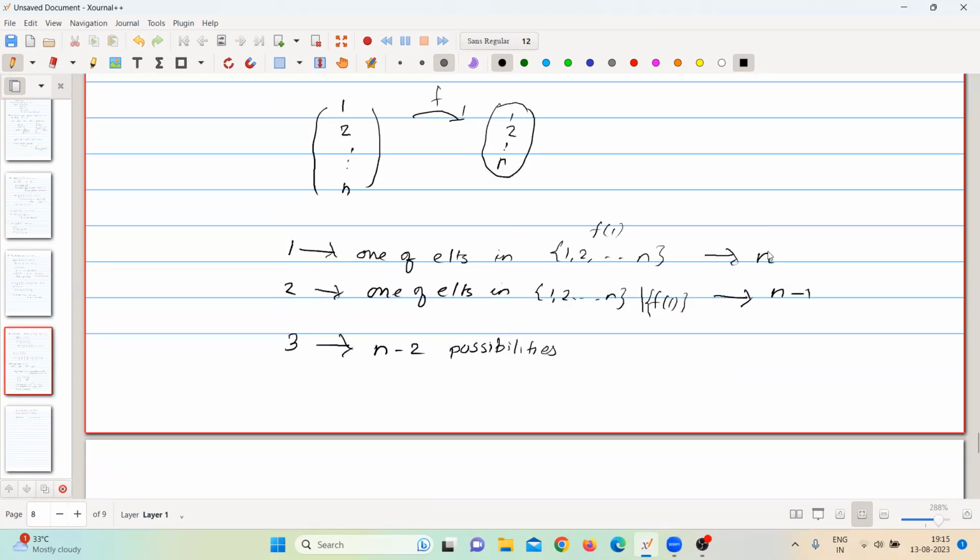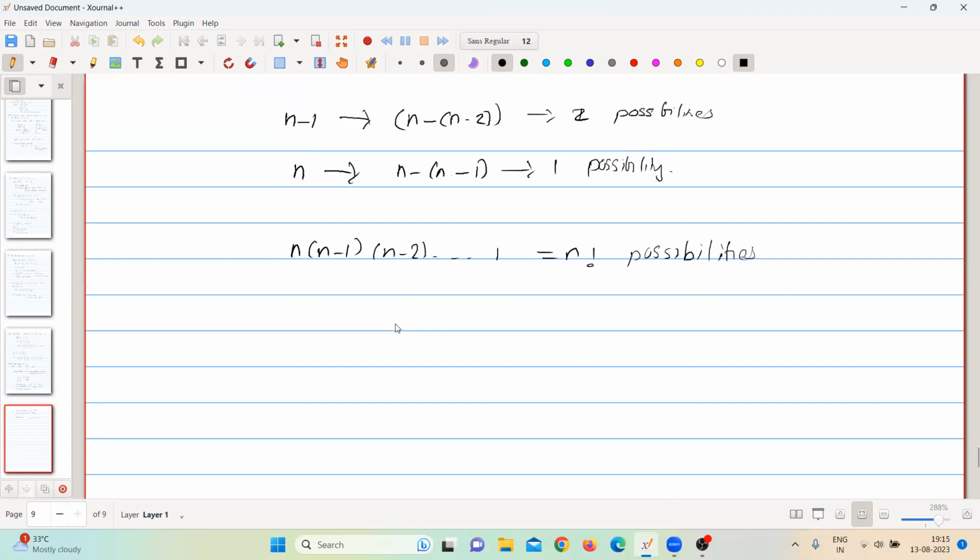For each element we get the number of possibilities, and multiplying all of these gives the number of mappings possible for the full set. So the cardinality of Sn, the number of permutations or bijections on n elements, is n factorial.